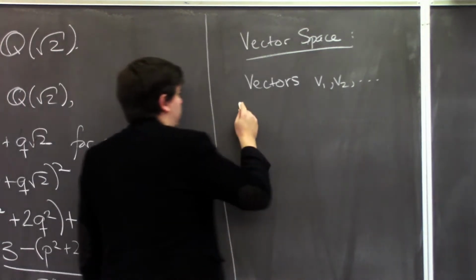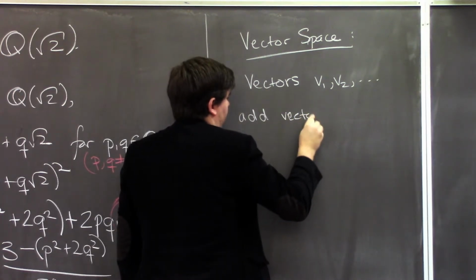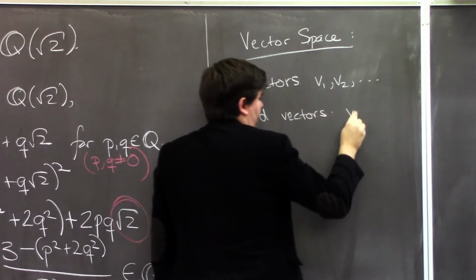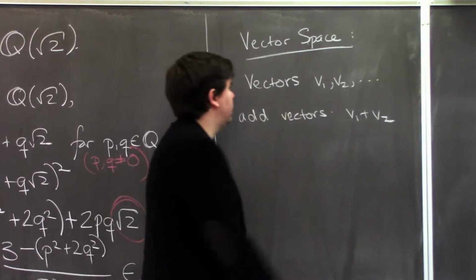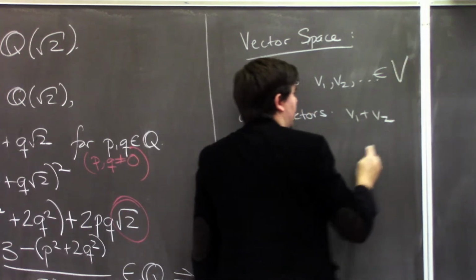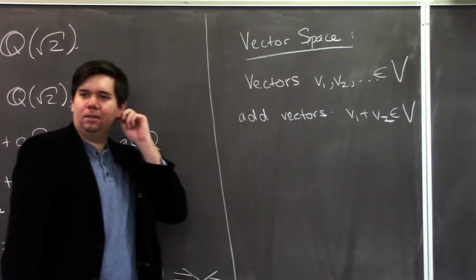Yeah, you'll be able to add them. So you should be able to make sense of what is v1 plus v2. And that should be something else in your vector space. So if this vector space is big V, then v1 plus v2 should still be inside of big V, right?